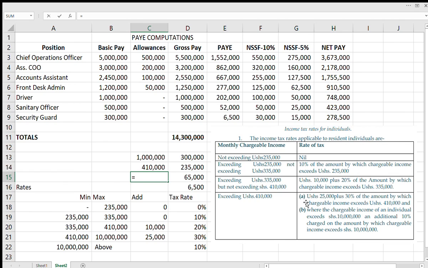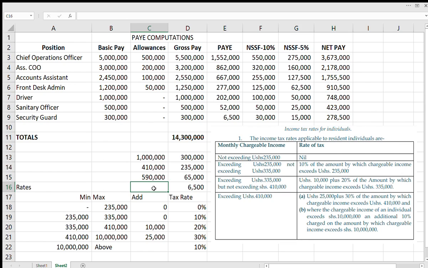So by how much is it exceeding the 410,000? We need to know that. That will be the chargeable amount. So take the 1 million, take away 410,000. The chargeable amount this person is going to be based on to get pay as you earn is 590,000 shillings.